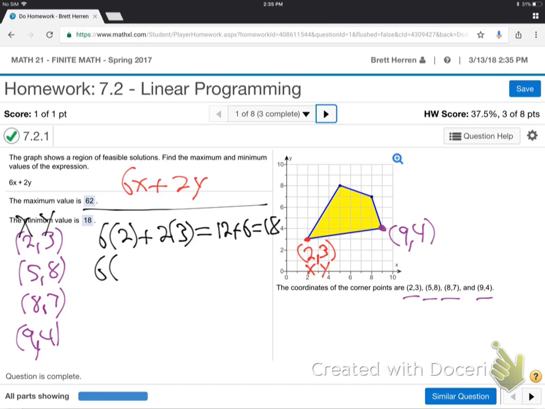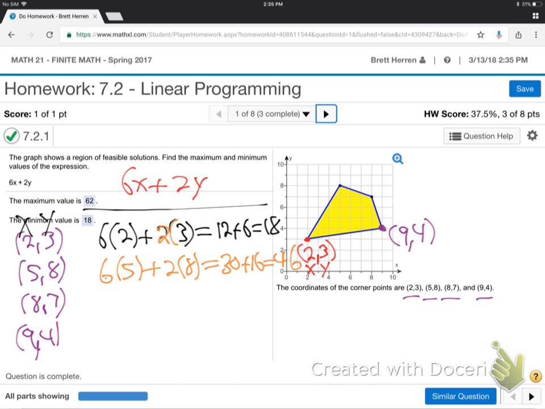And then next one, plug in the 5 for X and the 8 for Y. Does everybody see what I'm doing there? That's 30 and 16, 46. That's a bigger total.